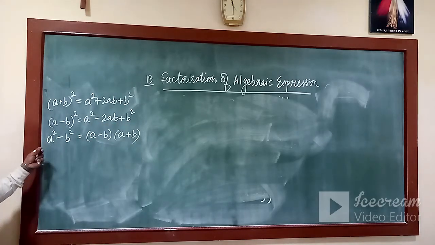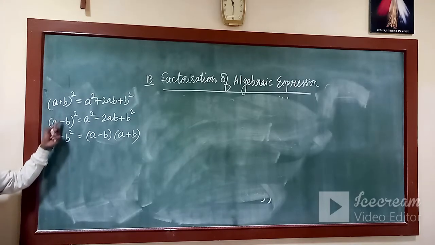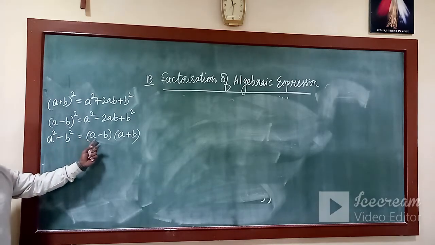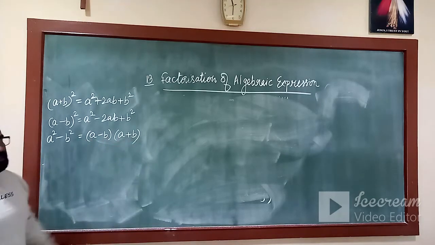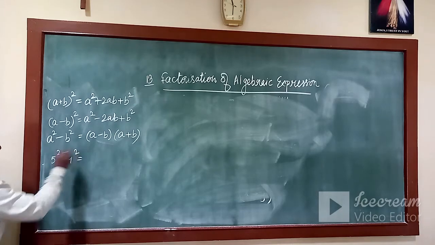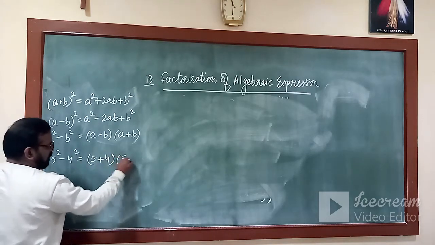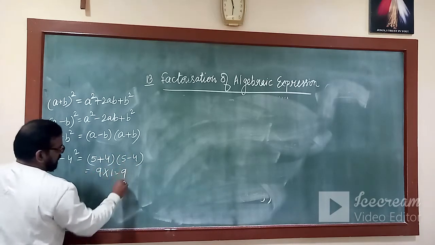And one more very important identity, a square minus b square. Okay, so these two are different. It is a minus b whole square, and it is a square minus b square. So its identity becomes a product of two terms, that is a minus b into a plus b. Like if I write, suppose, 5 square minus 4 square, I can solve it like this: 5 plus 4 into 5 minus 4, that is 9 into 1, that is 9.